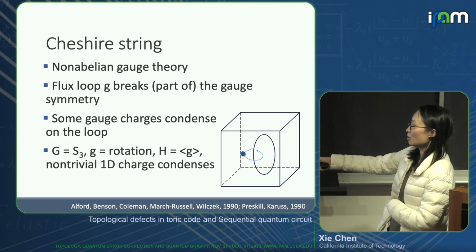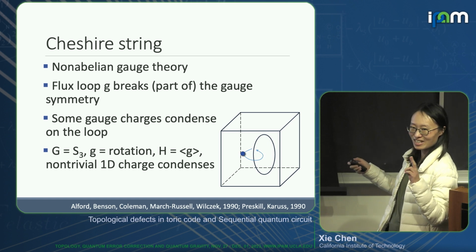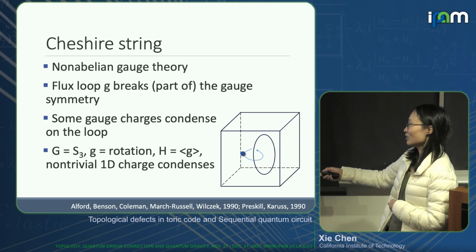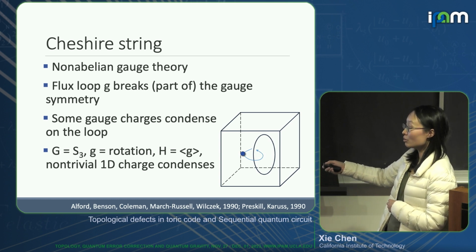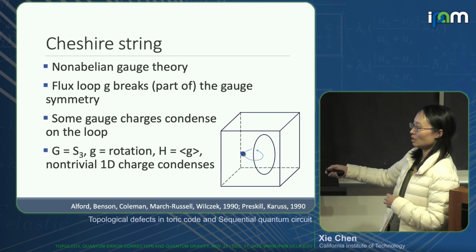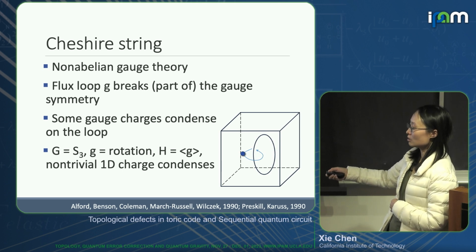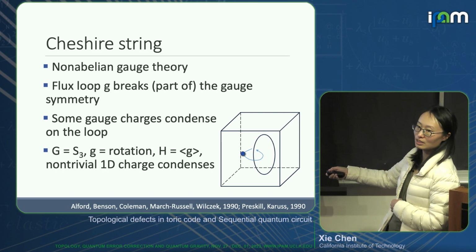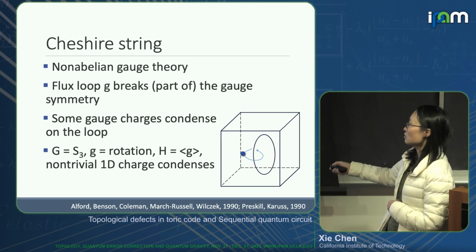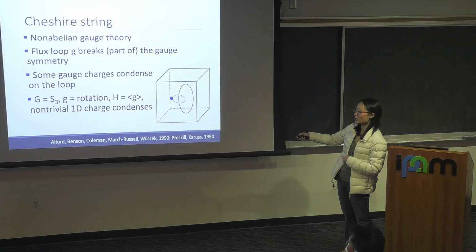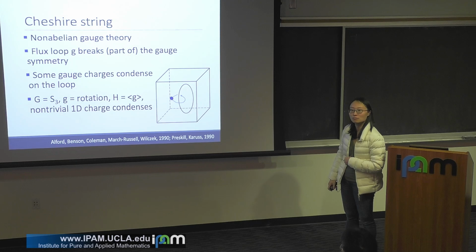And then all the non-trivial one-dimensional charges, there's a sign rep, if you remember, for S3, that transform non-trivially under the broken part of the group, which is the reflection part, have to condense. So if we have a flux loop associated with rotation, there's actually a twofold degeneracy associated with that.